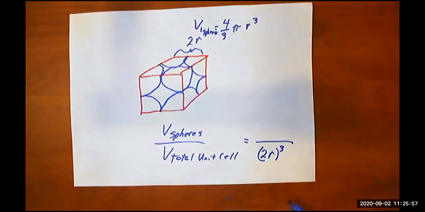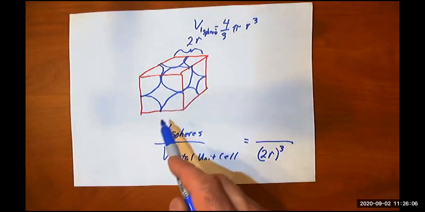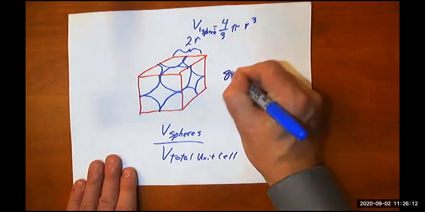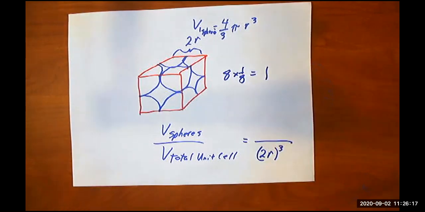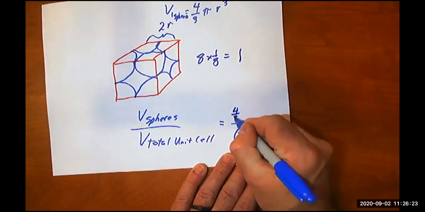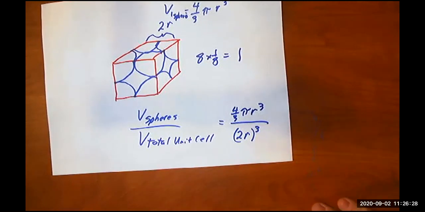How many spheres are there in this unit cell? 1. So there are 8 spheres, 1 at each corner, but only 1/8 of each sphere is in that cell. So 8 times 1/8 gives us 1 whole sphere inside the unit cell. So we now take 4/3 pi r cubed, and this is going to give us our packing efficiency.